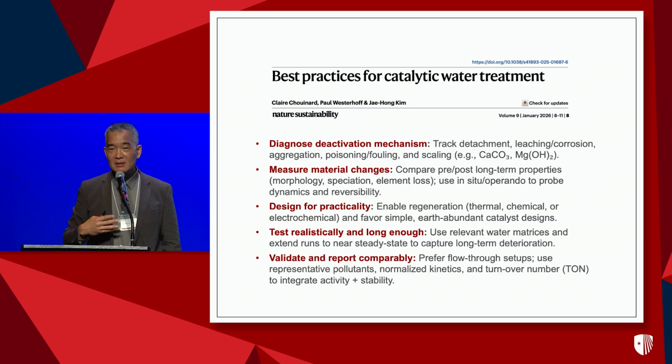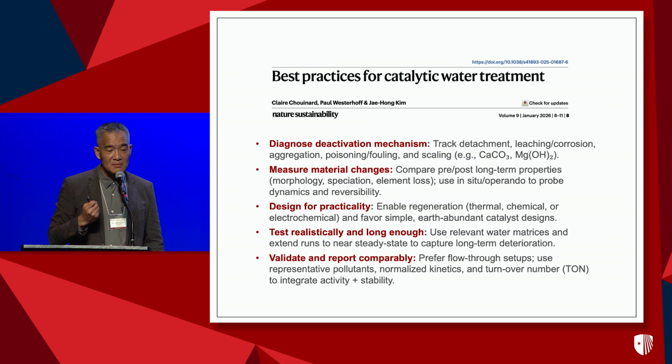In quick summary, we need to really spend more time understanding deactivation mechanisms. We have to measure how the material changes. At the same time, we have to design the material with application and field deployment in mind.